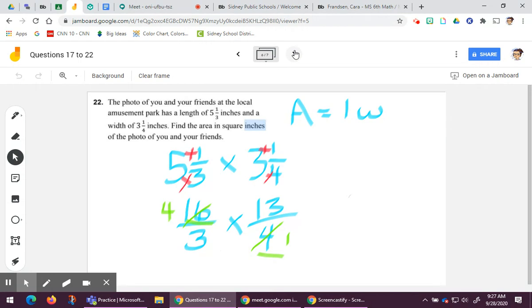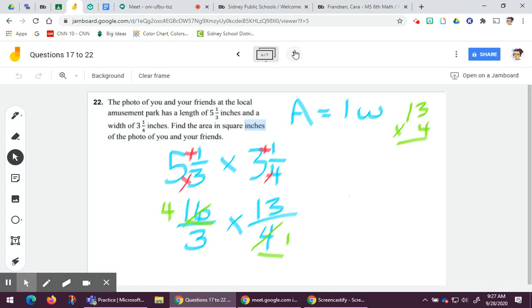Okay. Now I need to know what is the answer to 13 times 4. 22. Close. Yes, 52. I've got a 52.